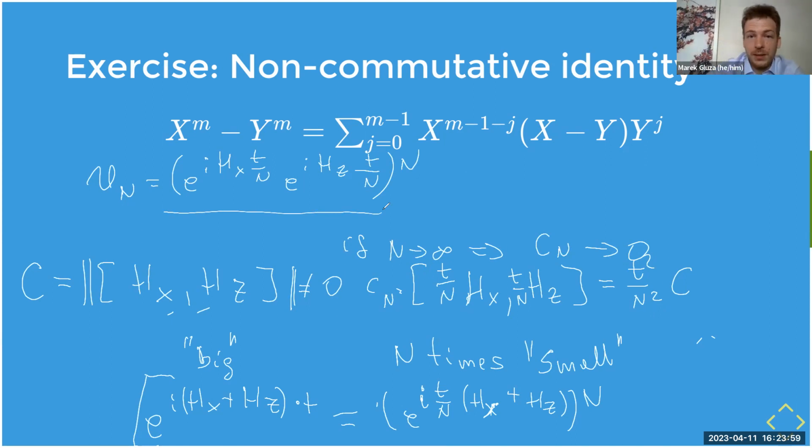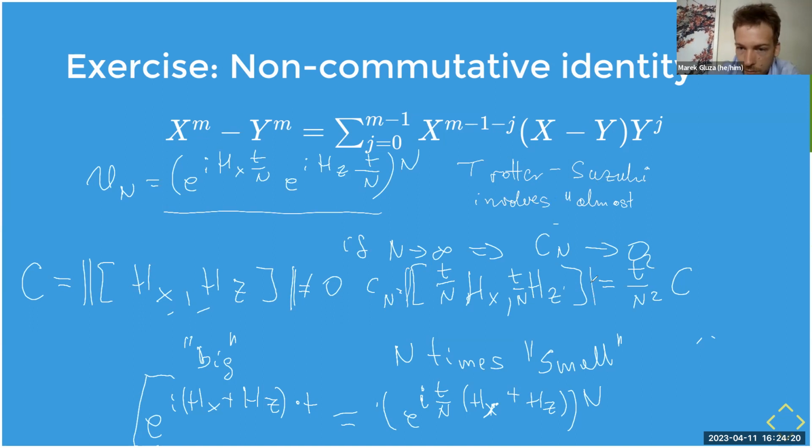I don't have much space here, but let's say the Trotter-Suzuki decomposition involves almost commuting objects, and here we wanted no almost commuting objects. That's quite important. And let me tell you one more thing.